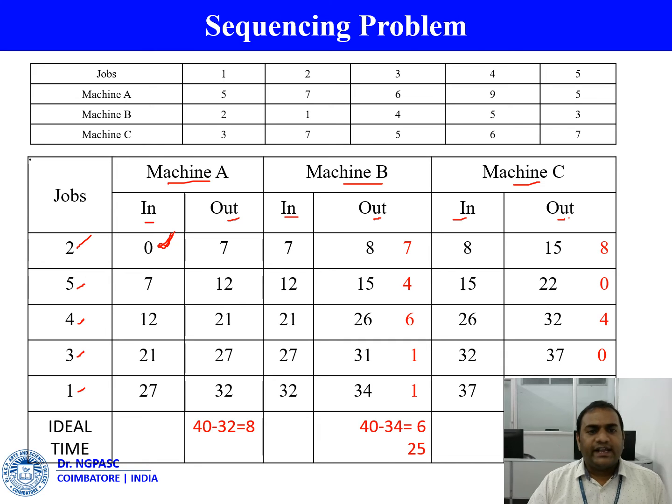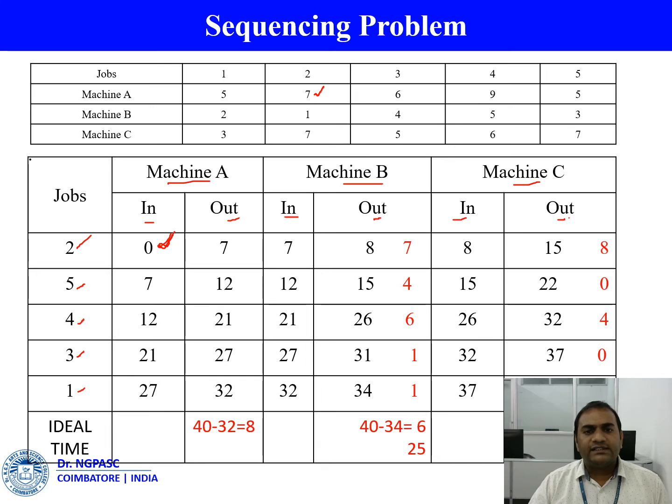Next, the time out of machine A. First, job 2 is going to be processed, so the processing time of job 2 in machine A is 7.